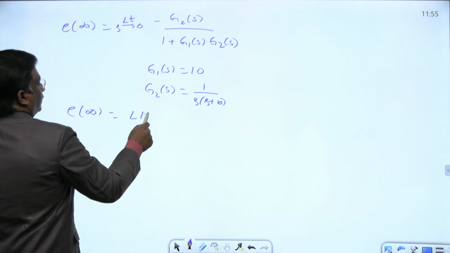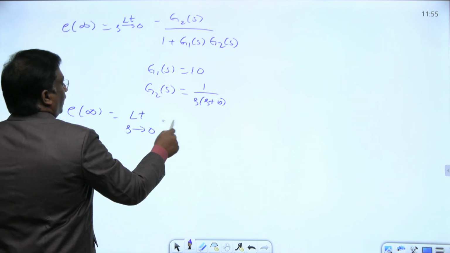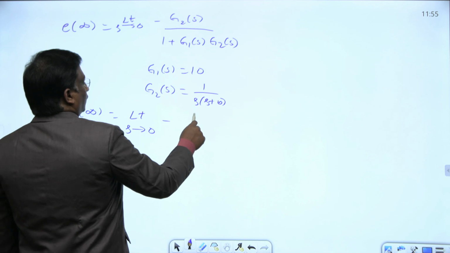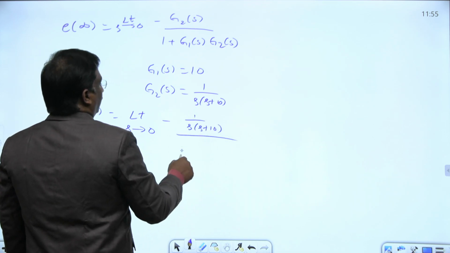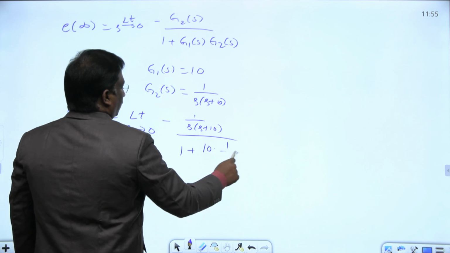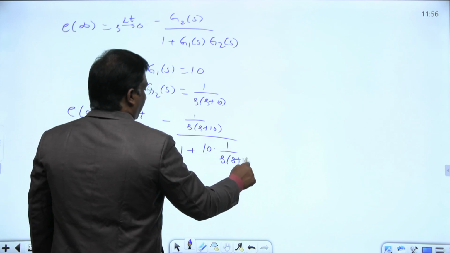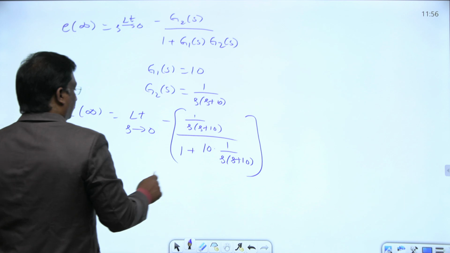The limit as s tends to 0 of minus 1 by s into s plus 10, divided by 1 plus 10 into 1 by s into s plus 10. Just substitute the values.